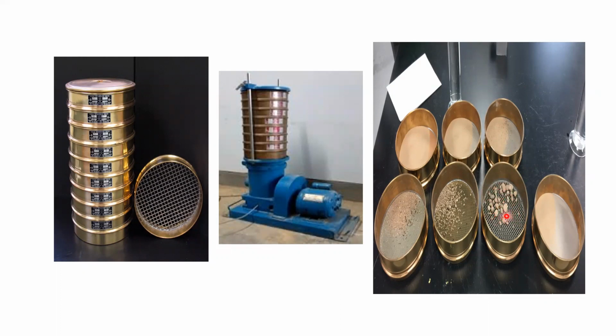Suppose this is the 4.75 mm sieve, and some particles are retained on that. That means these particles are greater than 4.75 mm. Likewise, the retainment will be there on the different sieves. So the initial weight we have taken. Now we have to take the weight of each sieve along with the retained soil.